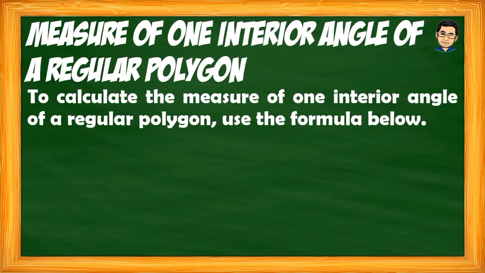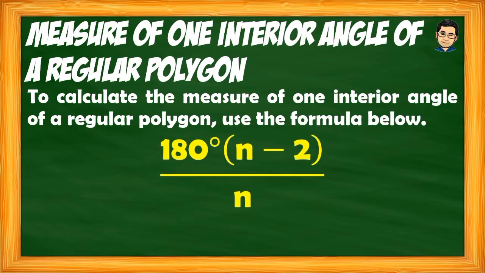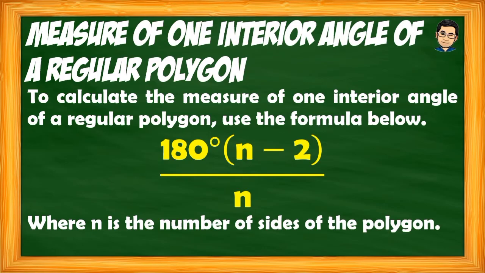So kapag irregular polygon po yan, hindi po natin pwedeng gamitin yung formula sa baba, which is 180 degrees times the quantity of n minus 2 all over n. Again, n is the number of sides of the given polygon. Make sure that the given polygon is regular. Otherwise, again, we cannot use the given formula.